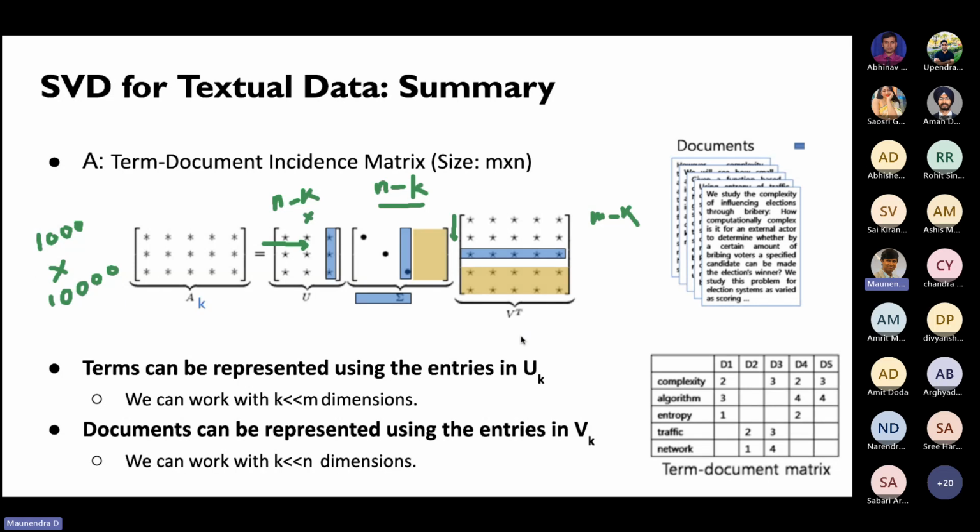There will be some deviation, some difference. But you can compute the magnitude of that difference, where A is the original matrix and A_k is what you get after retaining only k singular values.